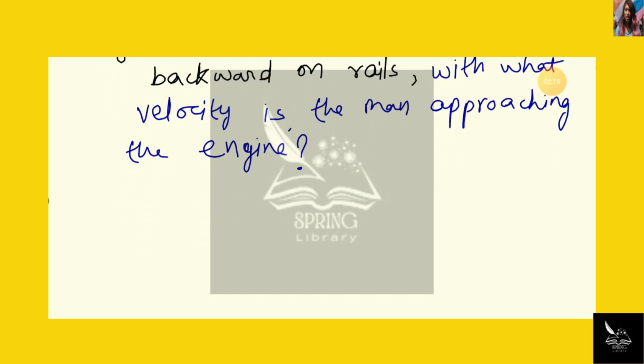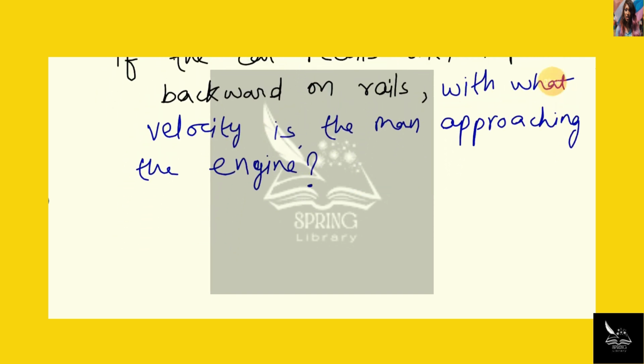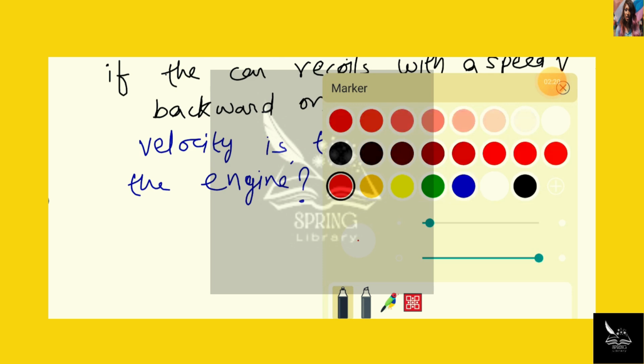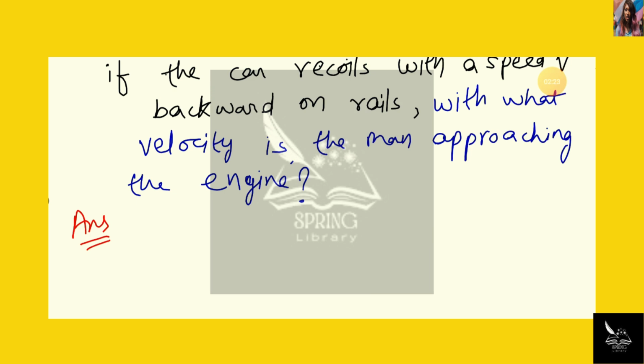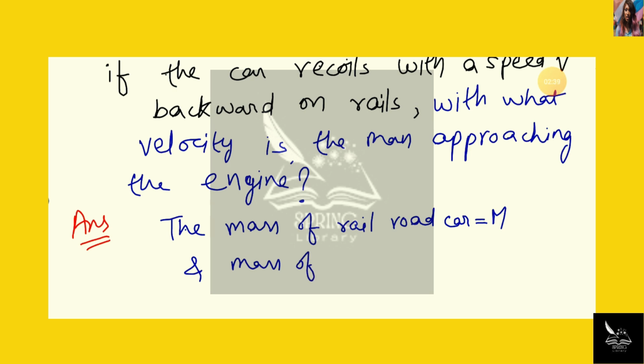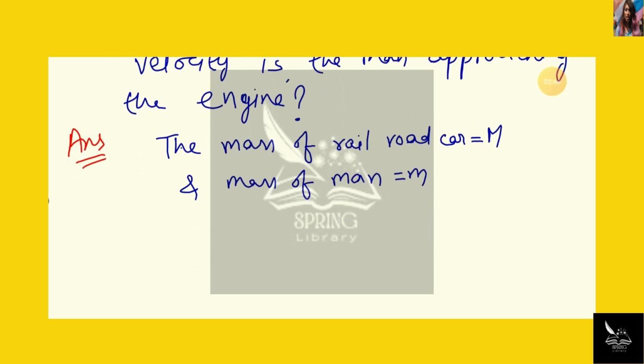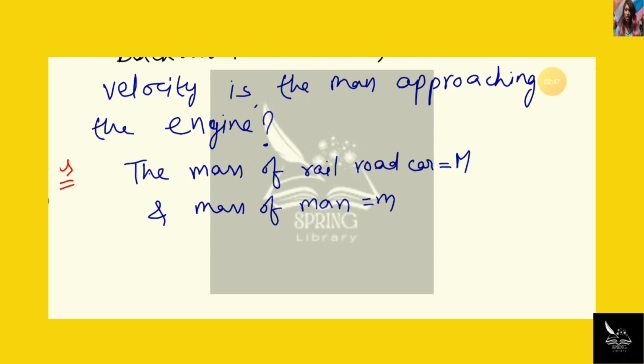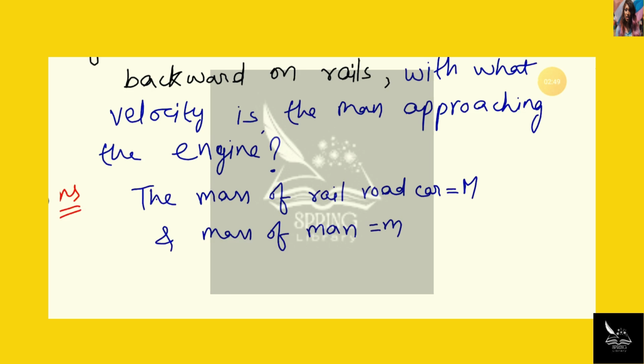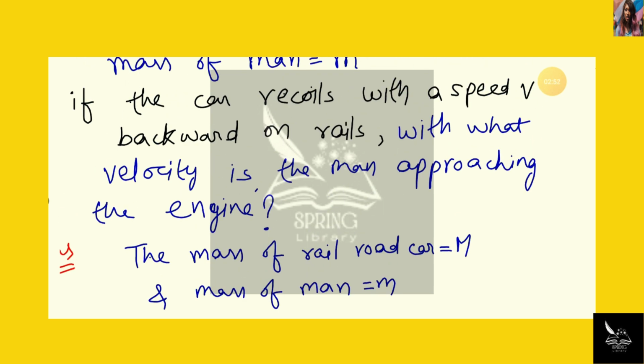So in the answer I can say that the mass of the railroad car is capital M, and the mass of the man is small m. Now the question gives that the car recoils with a speed v backwards on the rail.